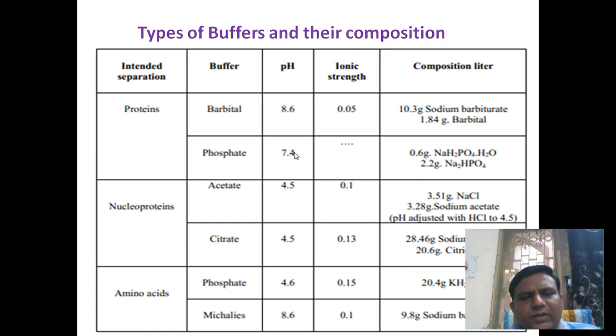Then for nucleoproteins, meaning the histone proteins, we can use the acetate buffer or citrate buffer. For amino acids we can use the phosphate buffer with 4.6 pH, and the ionic strength will be 0.15. So these are the different types of buffer systems we can use for the separation of proteins, nucleoproteins and amino acids.